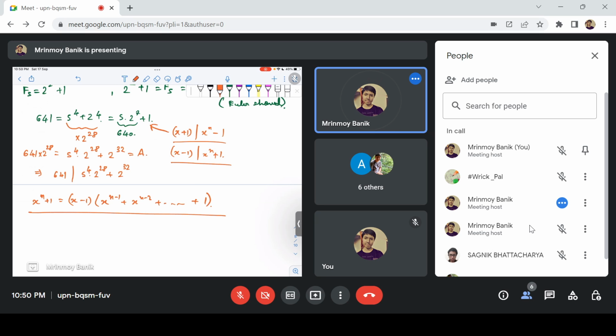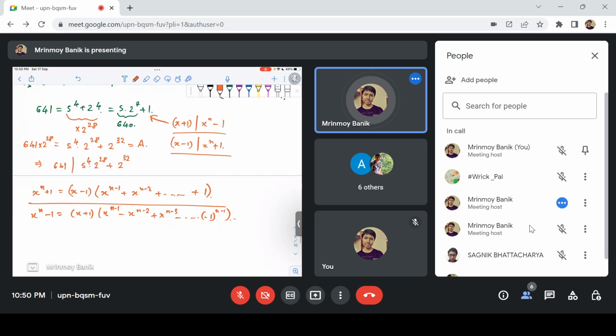So that's the expression, and x power n plus 1 is x plus 1 times x power n minus 1 minus x power n minus 2 plus x power n minus 3 minus, up till minus 1 power n minus 1.